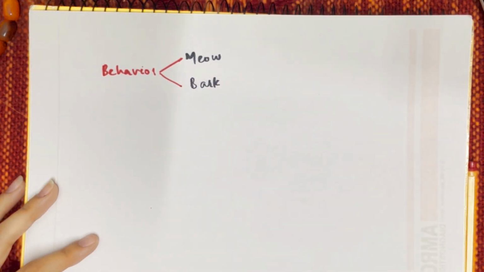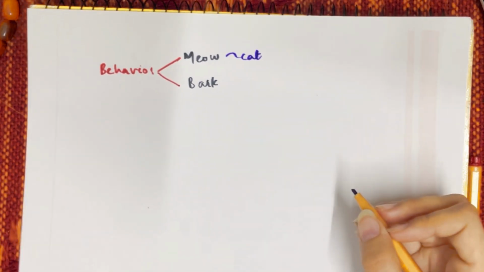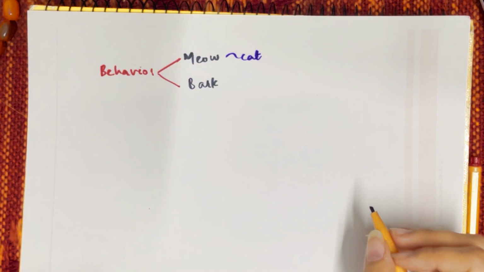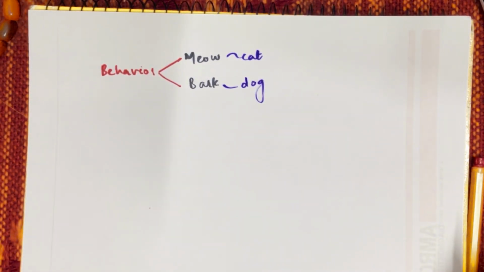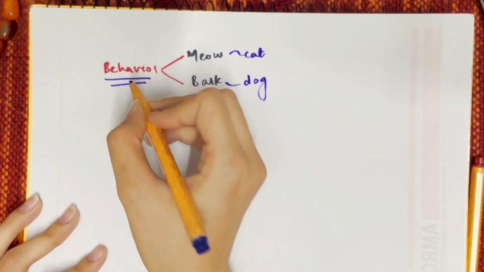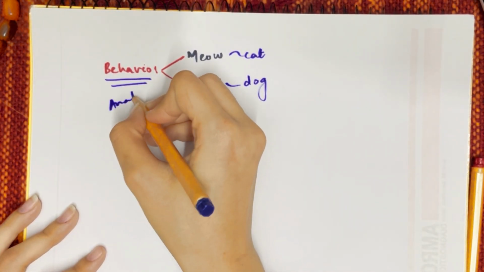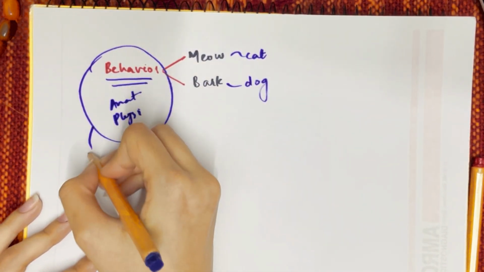All of the cats meow, whether they are of any breed or any culture, and all of the dogs similarly bark, whether they are from different regions. So this is how the behavioral, anatomical, and physiological features together form a species.